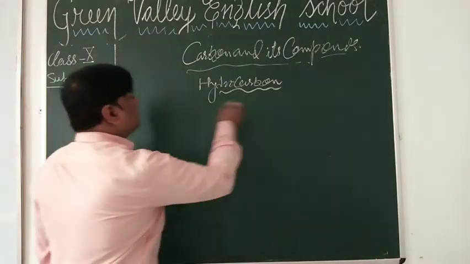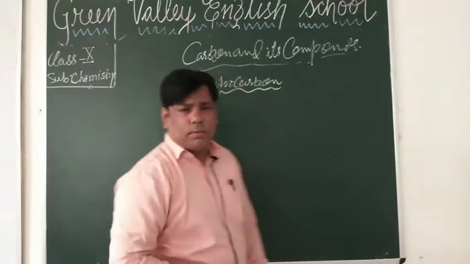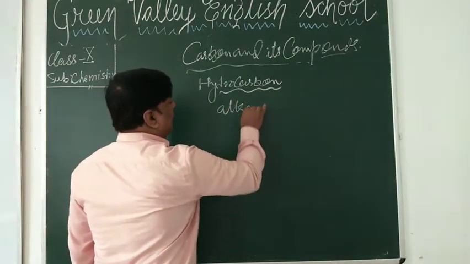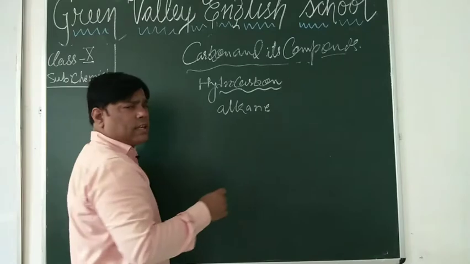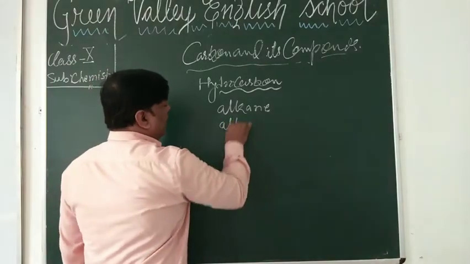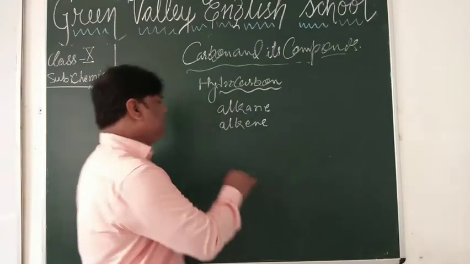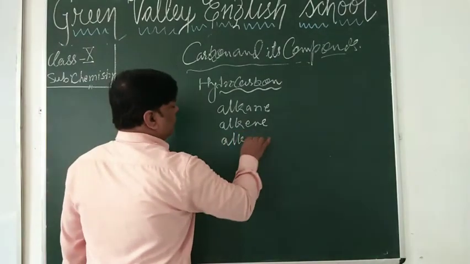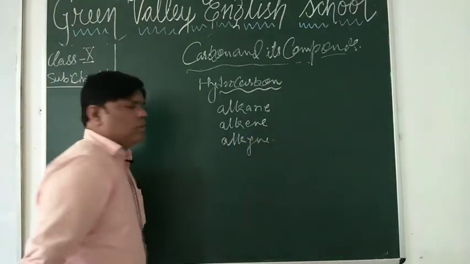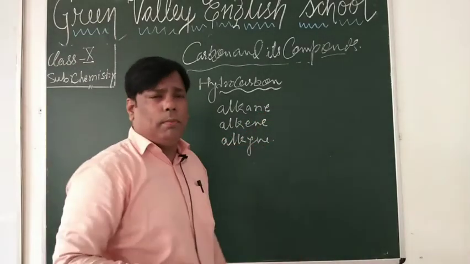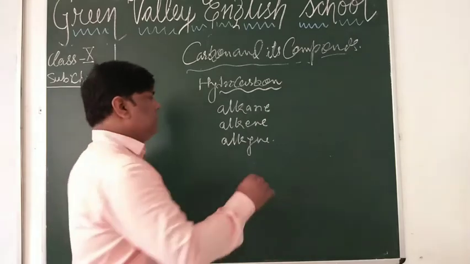So there are three types of hydrocarbon. First one is called alkane, second one is called alkene, and third one is our alkyne. In case of alkane, there is single bond between carbon and carbon.